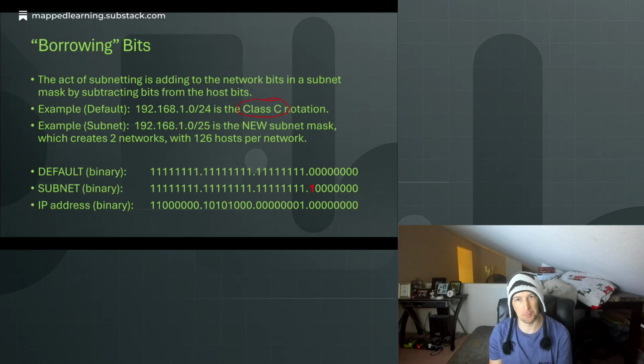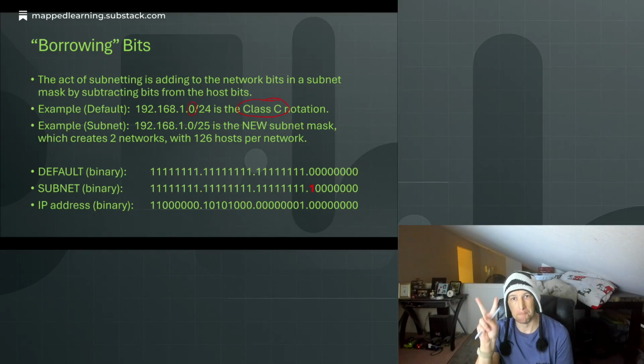If you remember from the previous video, if we have a default Class C network, then we have one network with a possibility of 254 addresses in that one network. Now, yeah, there's a lot more networks available, but we're talking about one specific network. So we have a single network, the 1.0, which means all 8 bits in the last octet are used for the host.